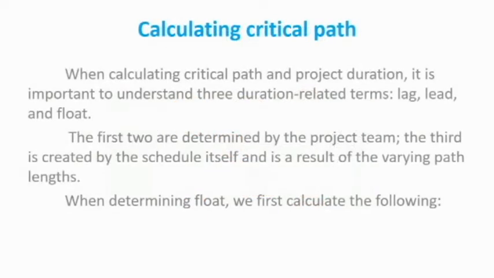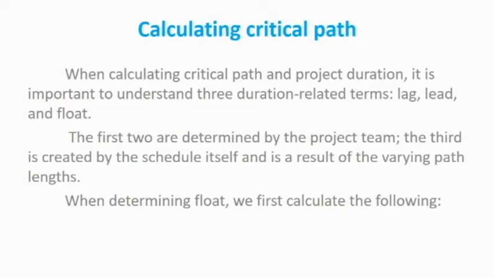Here we are going to see the calculation of the critical path. We have to be very attentive here because there are some notions we need to be familiar with. When calculating critical path and project duration, it is important to understand three duration-related terms.